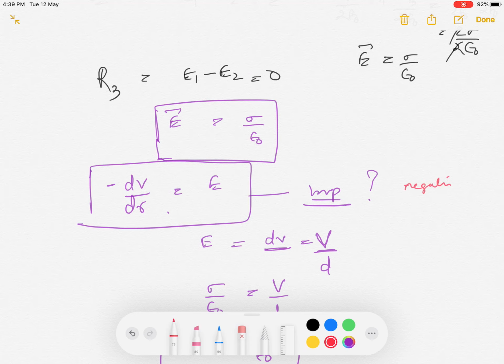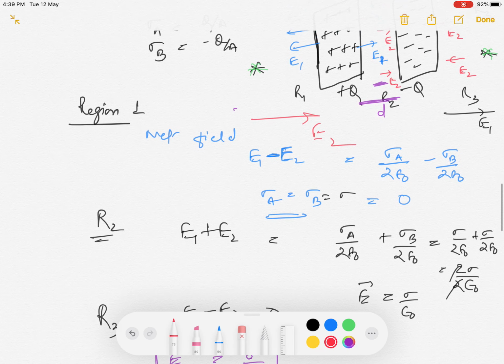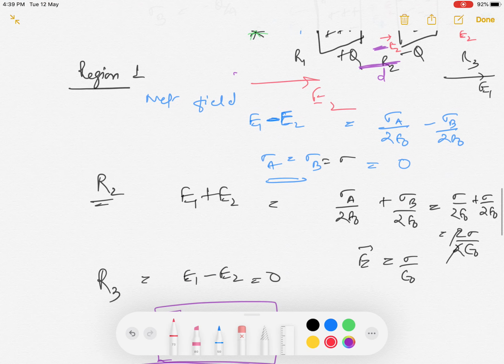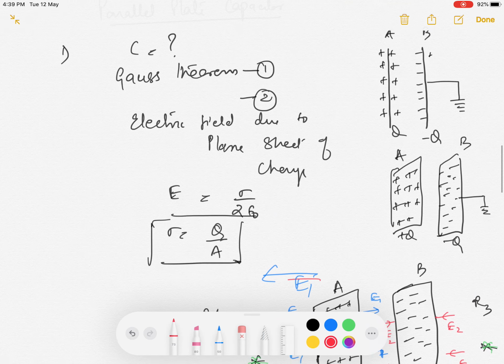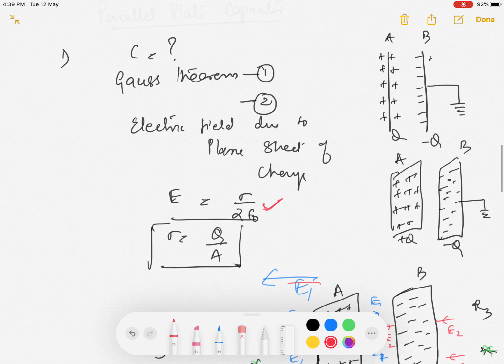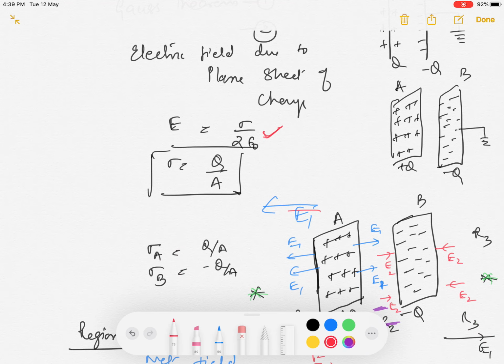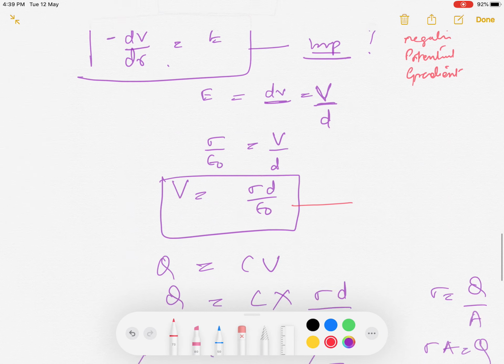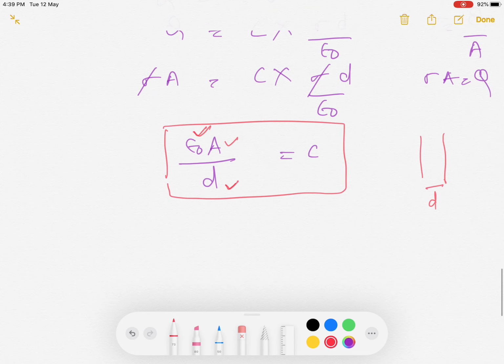Secondly, you should know the electric field formula, which is derived during the application of Gauss law. So you should be clear in these two formulas, then only you will be able to reach this formula of capacitance of a parallel plate capacitor.